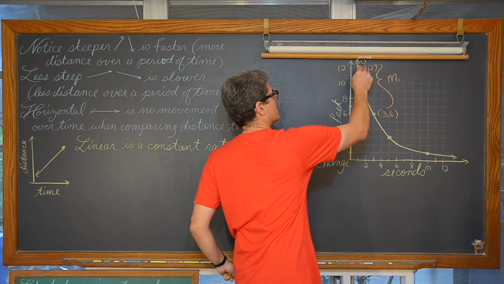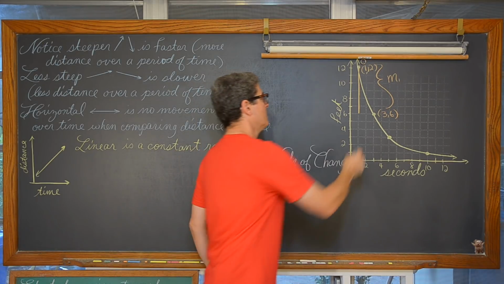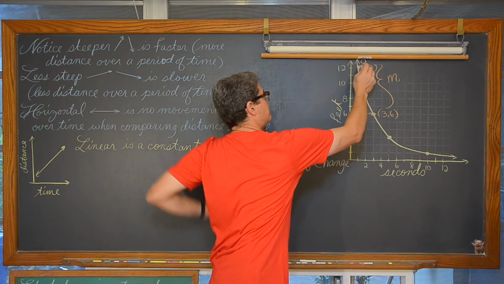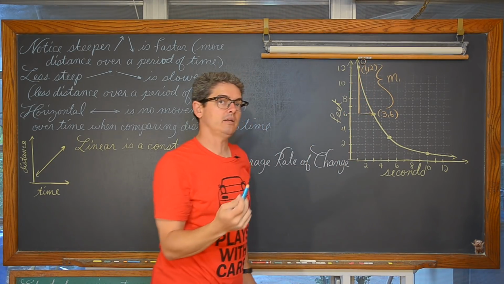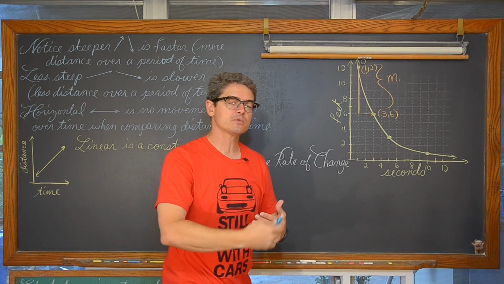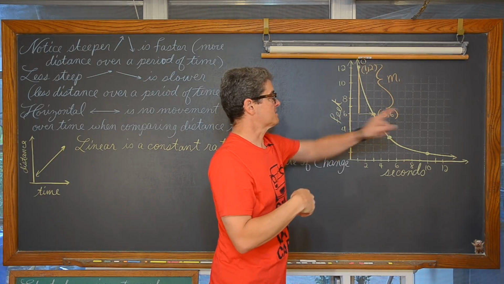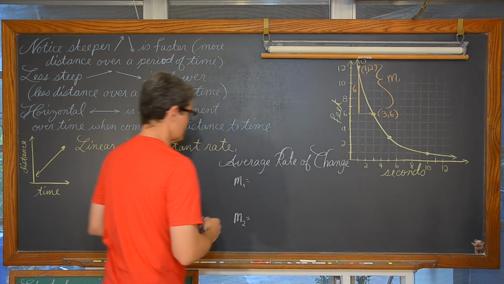How much do you have to rise, where you're going down, so that rise value is actually some kind of negative number, and how far are you running to the right? Well, boom. 1, 2, 3, 4, 5, 6. Start counting when you're moving, or of course at y sub 2 minus y sub 1 over x sub 2 minus x sub 1. 12 minus 6 is equal to 6. So we've gone down 6 units of change.